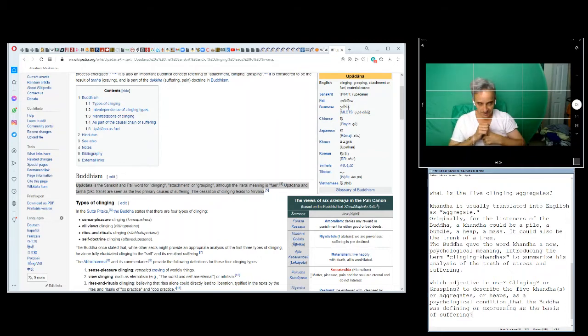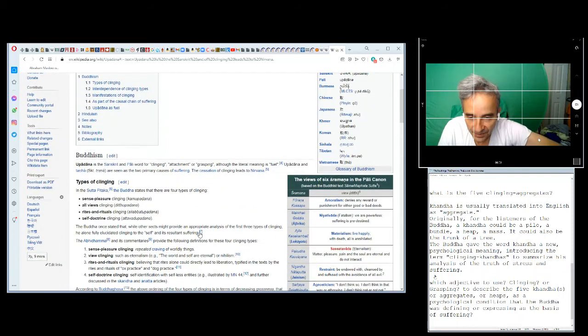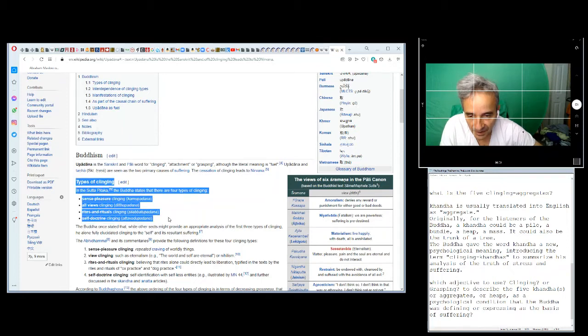The Buddha once stated that while other sects might provide an appropriate analysis of the first three types of clinging, he alone fully elucidated clinging to the self and its resultant suffering. First three, he alone.